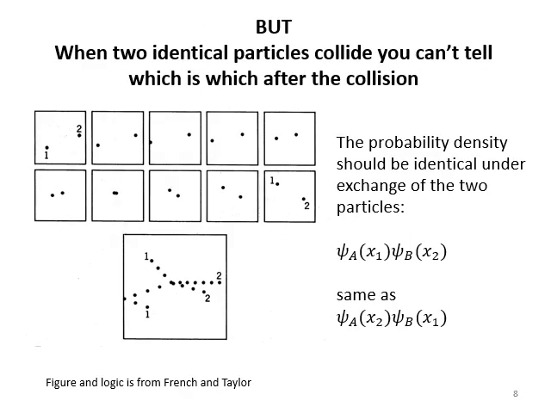Okay, here's almost the same figure that I showed you before, figures from French and Taylor. But let's consider if we have two identical particles. And let's look down here. I've got particle 1, which originally we identified as going through this sort of Z-shaped path.